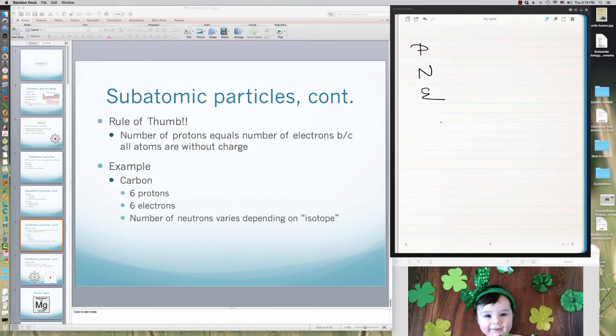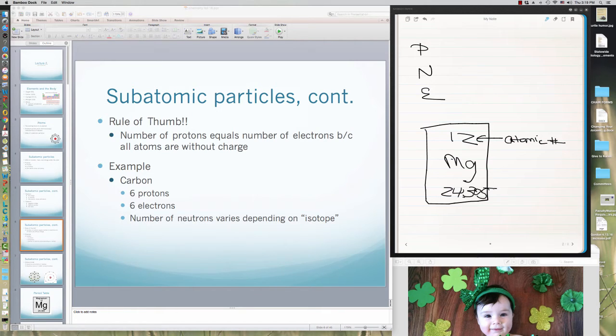The way that's done is, if you look at the periodic table, for example, if you want to look at magnesium as a choice, it'll look something like this. This top is referred to as the atomic number, and this bottom is referred to as the atomic mass.